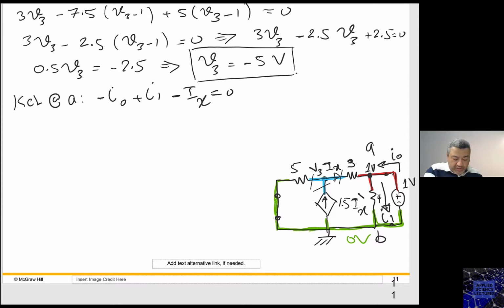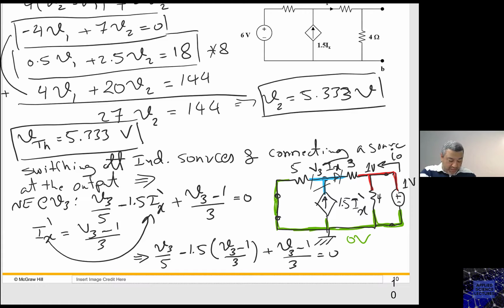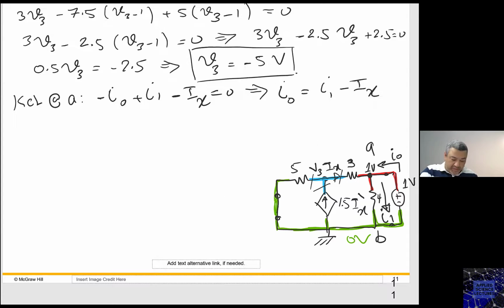So I naught is indeed I1 minus IX. How much is IX? If you recall, we said IX equals V3, and let me put the prime here.